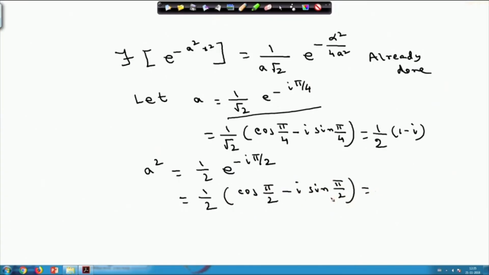Putting the values of cos pi by 2 and sin pi by 2, the first term will vanish, and sin pi by 2 is 1, so you will get minus i by 2. So if I assume a equals 1 by root 2 into e power minus i pi by 4, then my a is half into 1 minus i and a square is minus i by 2.